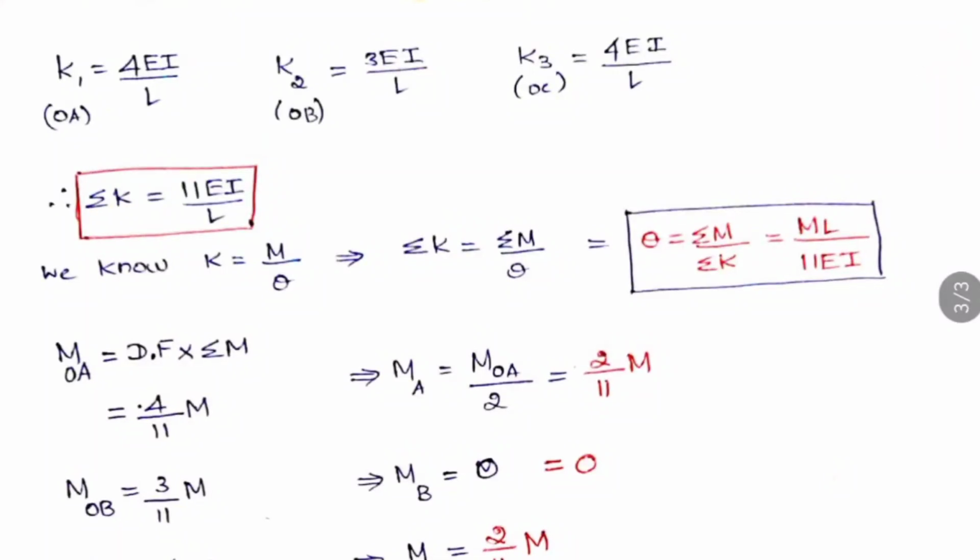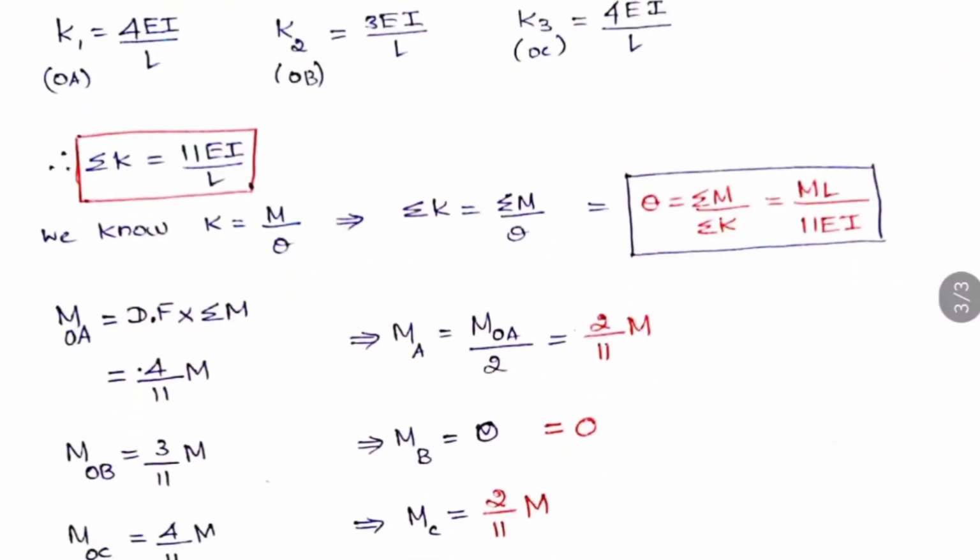So for OA, OB and OC we got K1, K2 and K3. The summation of the K values, that is your stiffness value, is 4 plus 3 plus 4, which is 11 EI by L. So we got the K values separately and also the summation of K values.